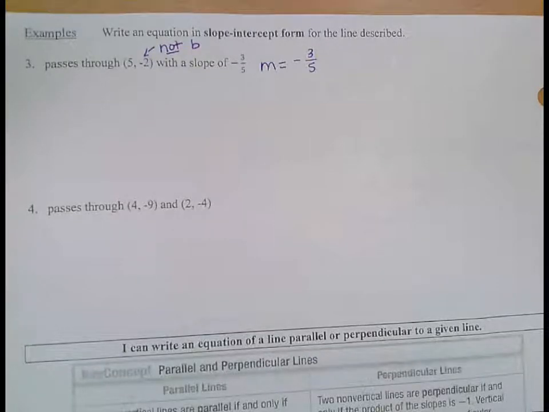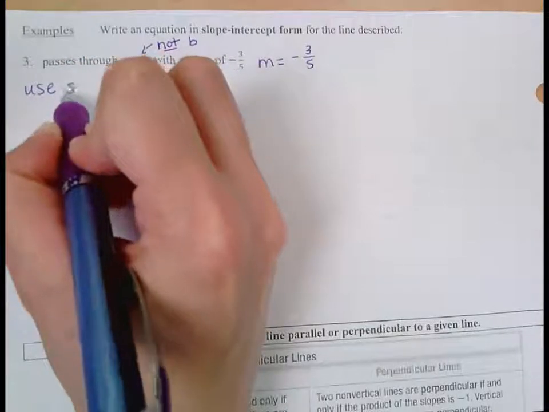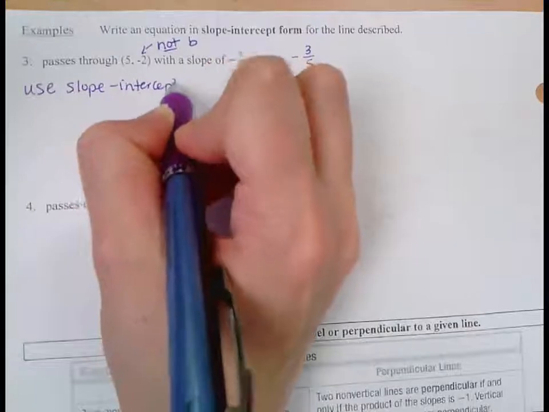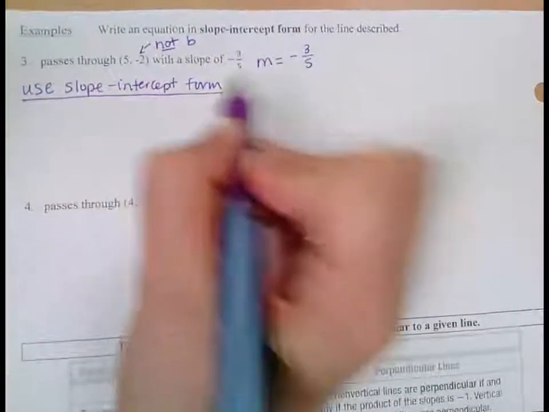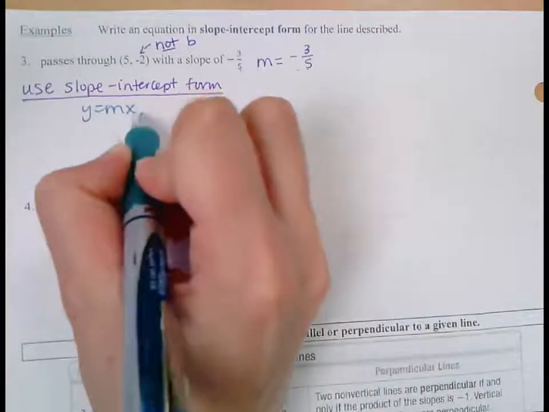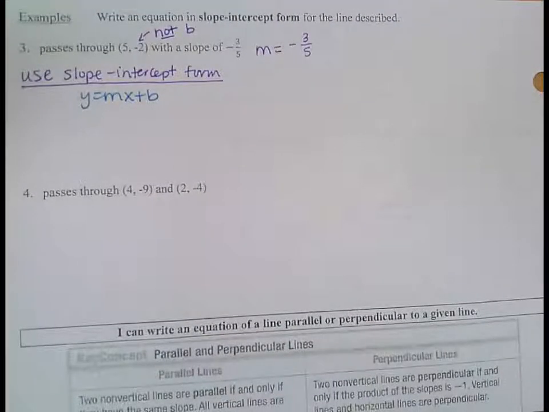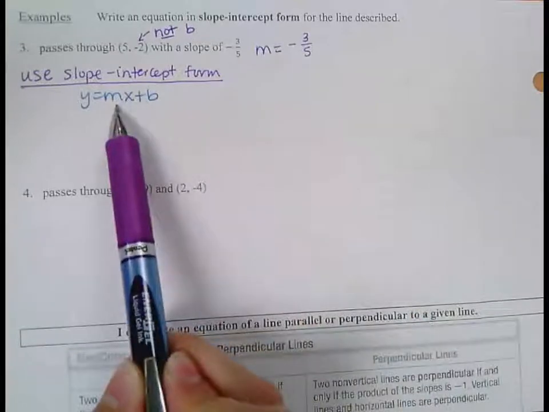The first way is to use slope-intercept form. So just starting off with the formula y equals mx plus b. And ultimately, I need to find m and b. So I could substitute into this formula -3/5 for m.